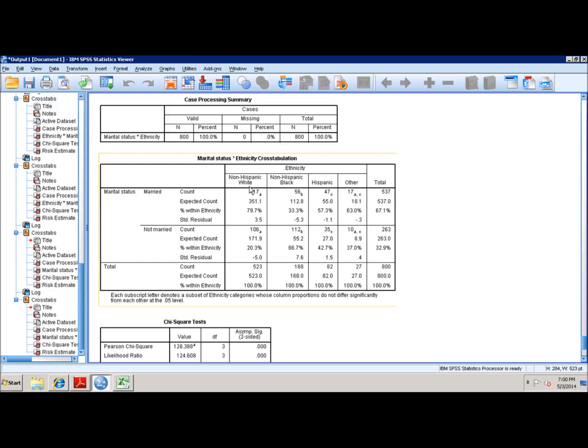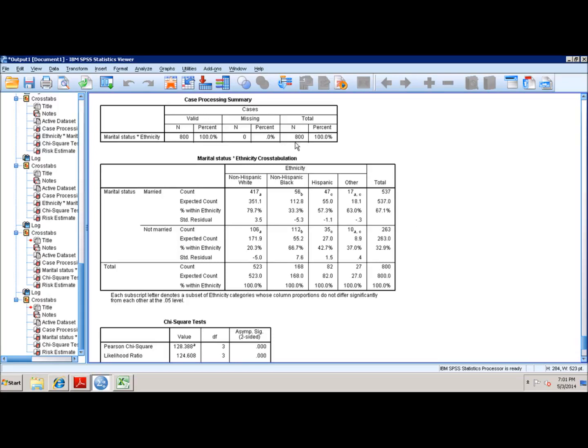So let's start at non-Hispanic white. If I started with non-Hispanic white, I see a subscript of A. Any other cell that has a subscript of A, it means that we were not able to reject the null hypothesis that the proportions are different.